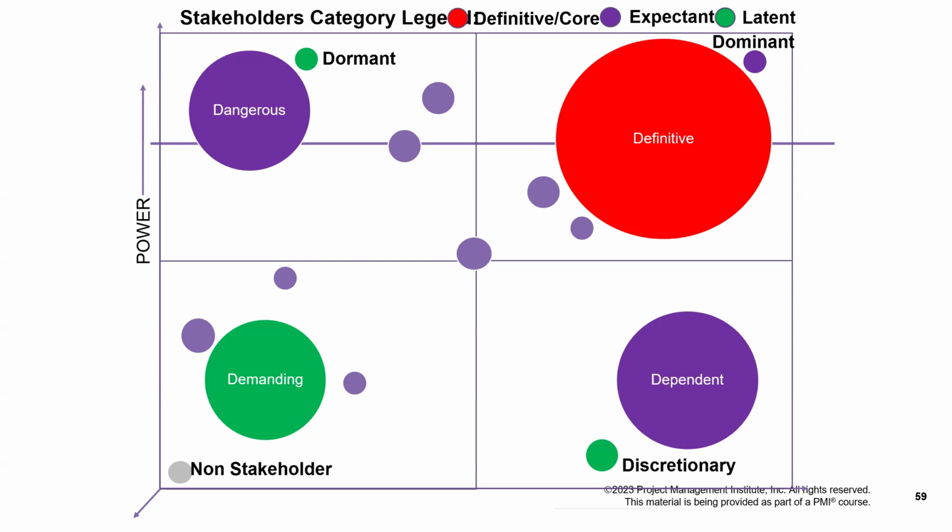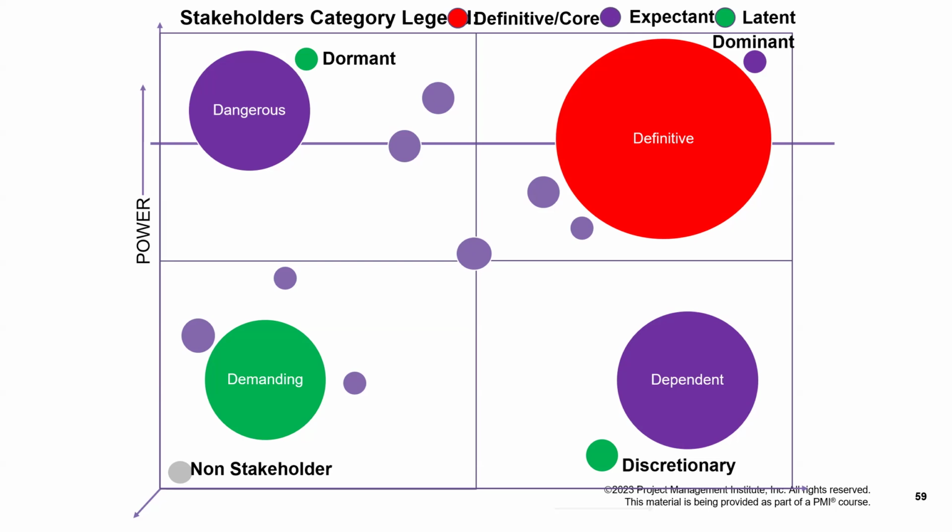Those which are high in two areas would be found where these big bubbles in each one of the other quadrants, right? Demanding, dependent, and dangerous. Got it?